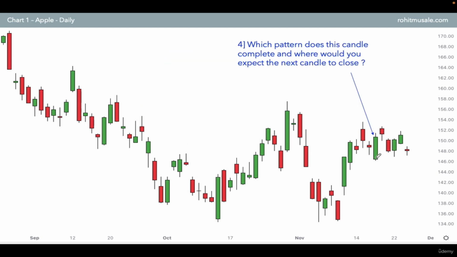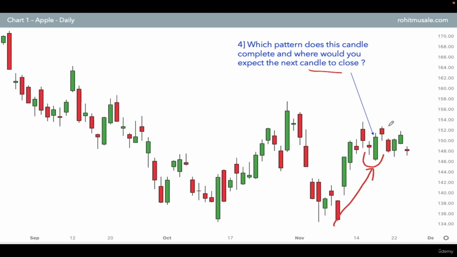Which pattern does this candle complete? Well, the market is going up from here. And if you look at these 2 candles, if those 2 candles were at the bottom of the market, you would call it a bullish engulfing pattern. But since it is coming after an uptrend, you call it a last engulfing top. And the moment you see a last engulfing top, what do you expect?